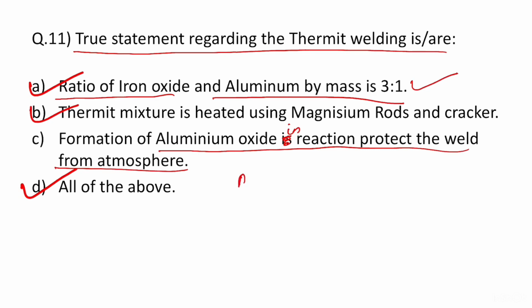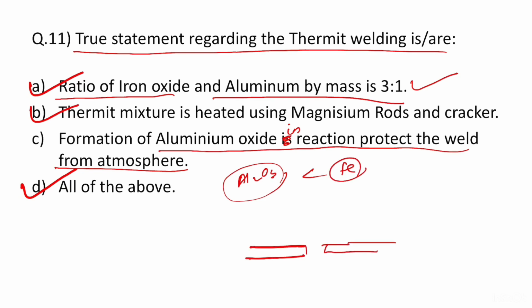The aluminum oxide that is formed is having less density than the pure iron. So if thermit welding is used to join the railway blocks or rails, so if here is the iron, aluminum oxide will be at here because density is less, so it acts as a protector from the atmosphere. Okay, so this is also right. So the answer of 11th is D.